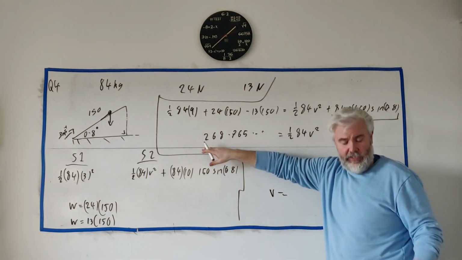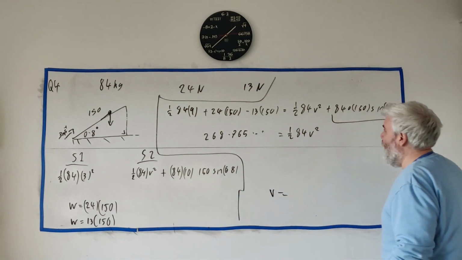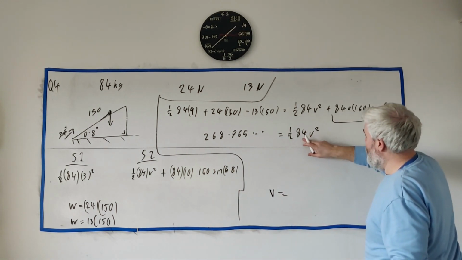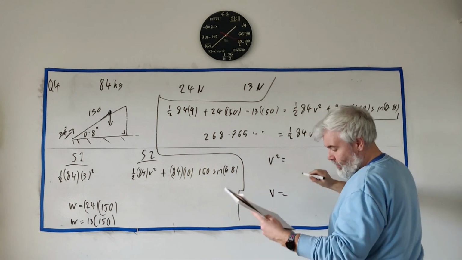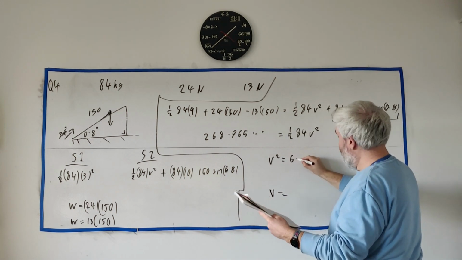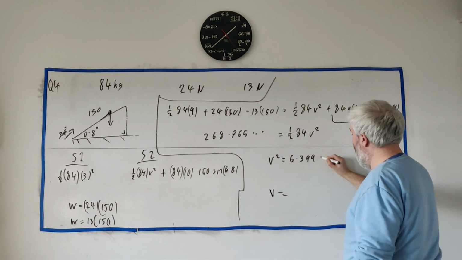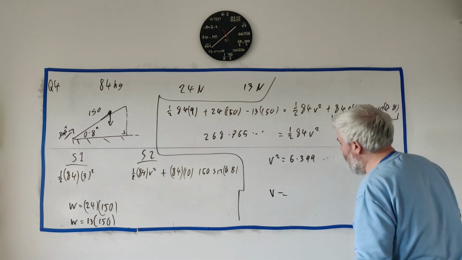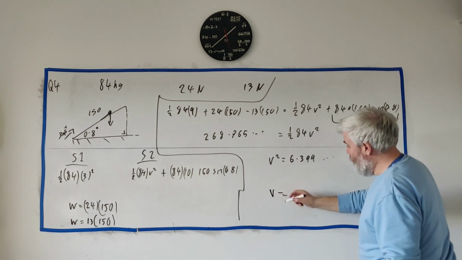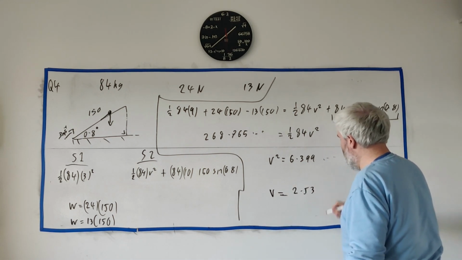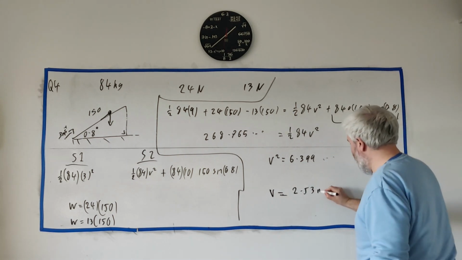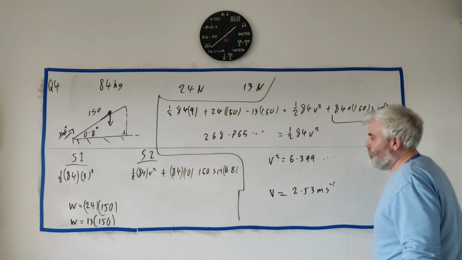Apologies if this is wrong, I just jotted it down. Again, solve this, divide by 42, I guess. We would get v squared is equal 6.399 something. Put the square root of that into a calculator, and we get 2.53. What's this? Speed. Meters per second.